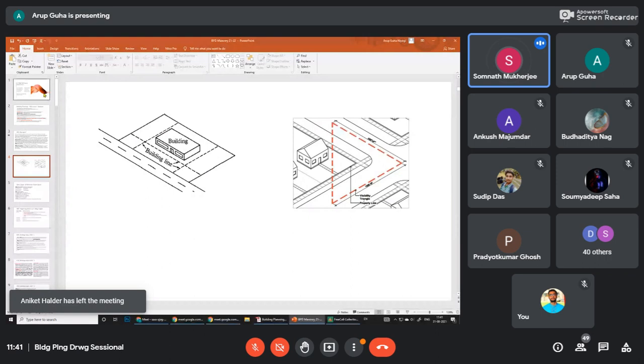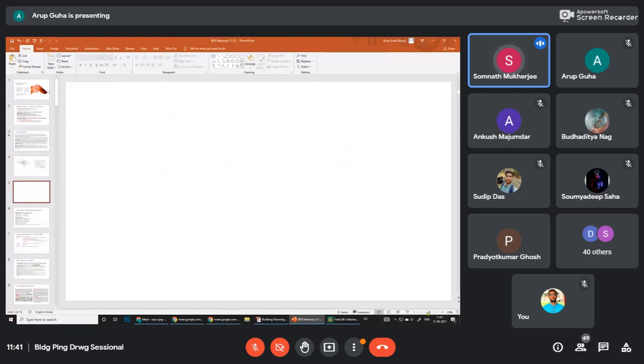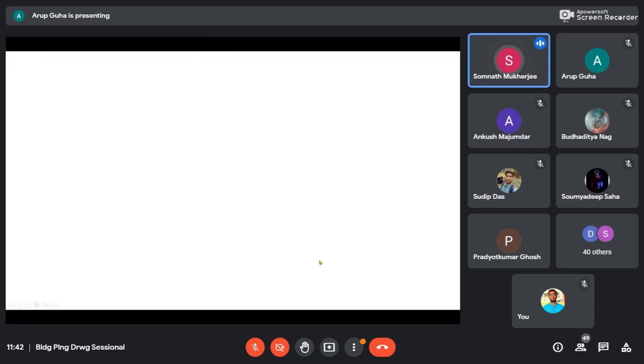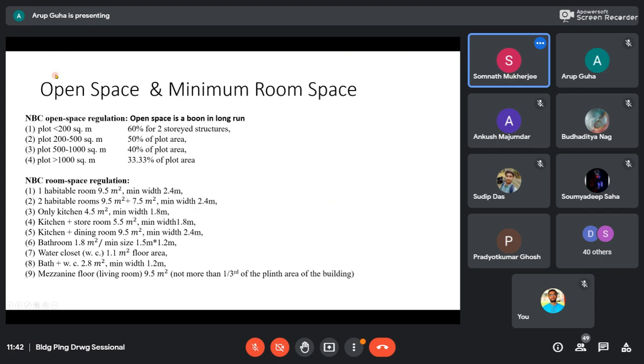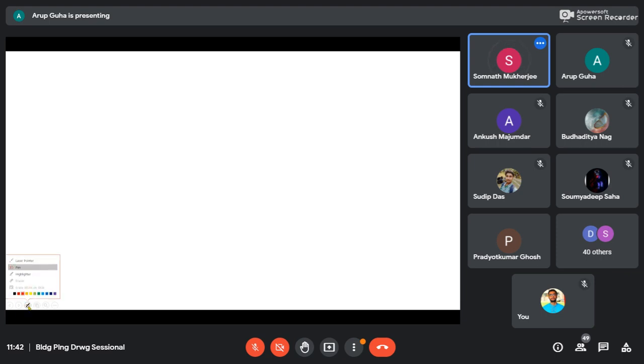How many rooms, how many toilets, how many other facilities. Facilities means bedroom, drawing room, kitchen, toilet, staircase, then living room. These are the facilities. Each of these facilities is known as some function.